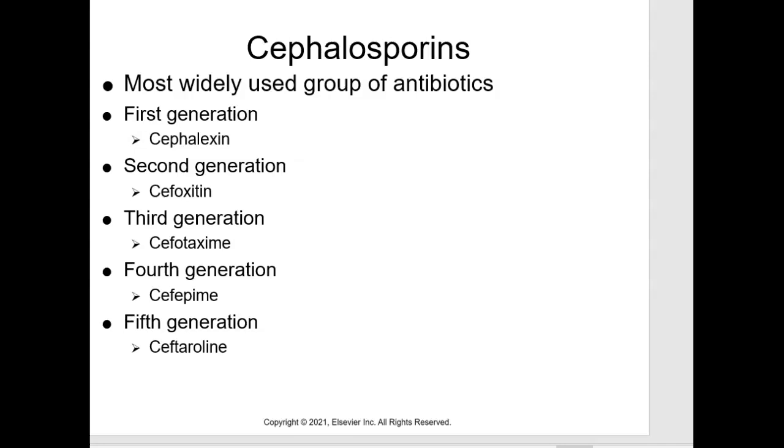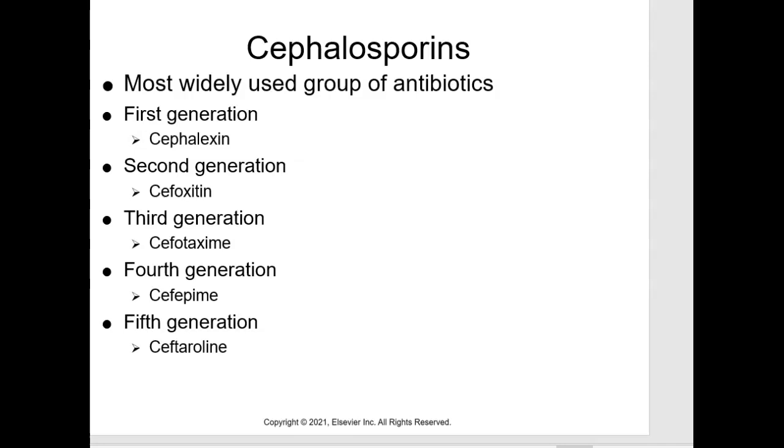First generation prototype is cephalexin, also called Keflex. It has low activity against gram-negatives, low resistance to beta-lactamases, and poor distribution to the cerebrospinal fluid. You are not going to give cephalexin to treat meningitis, in other words.